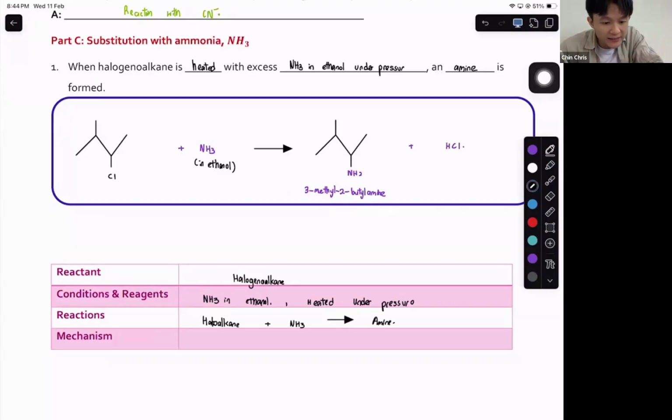Reaction-wise, we call it a nucleophilic substitution. Yeah, please write down.